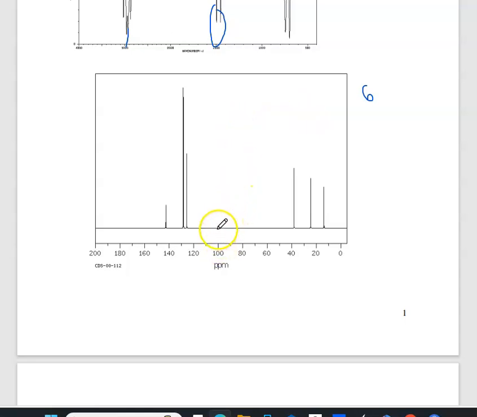Where I like to start is by dividing it downfield and upfield. So over here we're looking at the sp2 carbons, and over here we're looking at the sp3.